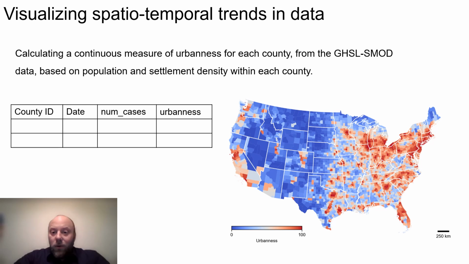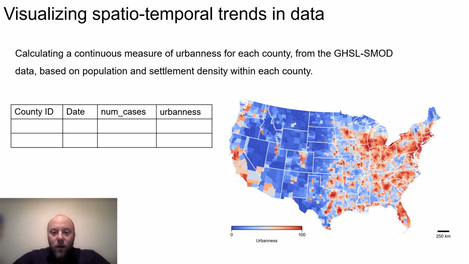And what we do, we use this remote sensing based data product, which is the GHSL settlement model, or SMOD, which is a data product that contains several classes of rural-urban classification based on population density, and settlement density, and also settlement morphology.